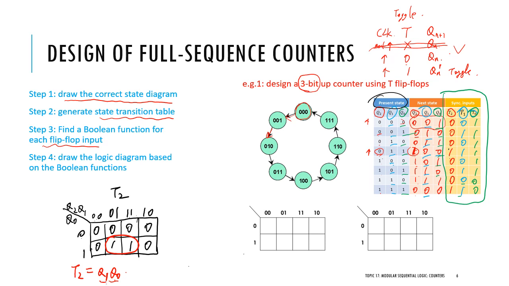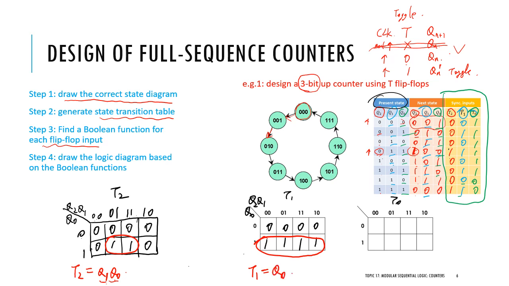Similarly, let's figure out T1, Q2, Q1, Q0. So 0, 0, 0, we got 0, 1, 0, 1, 0, 1, 0, 1. Actually, this is also simple enough. Group them together. So T1 just equals Q0.